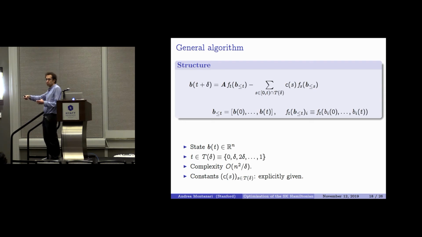Instead of 1 to n, I'll index iterations as 0, delta, 2 delta, etc., up until 1. This is, I think, the right way to think about it. So I only do 1 over delta iterations. At each iteration, I compute some function of all the past iterates, multiply by the matrix A, and this gives you the new state.